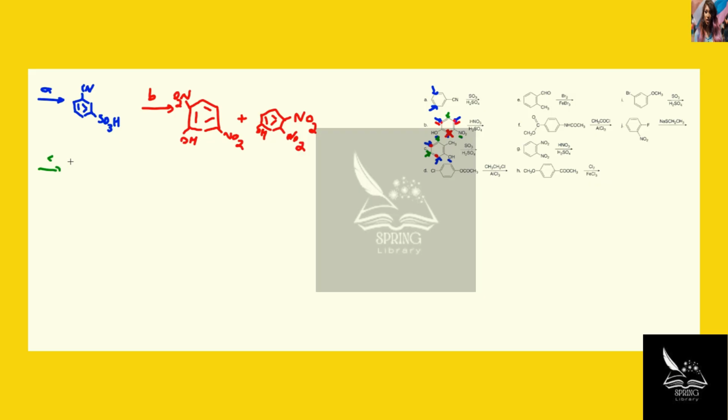Once again, we'll have two isomers, one the ortho and one the para, with respect to this alcohol because it's the stronger director. So I'll have the SO3H at the ortho position plus its isomer at the para position with respect to the alcohol.